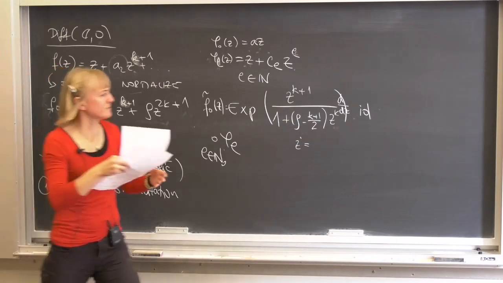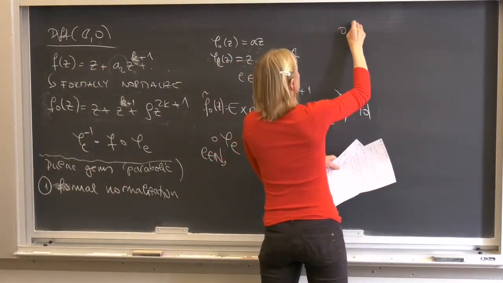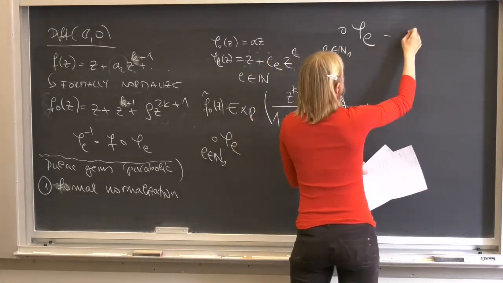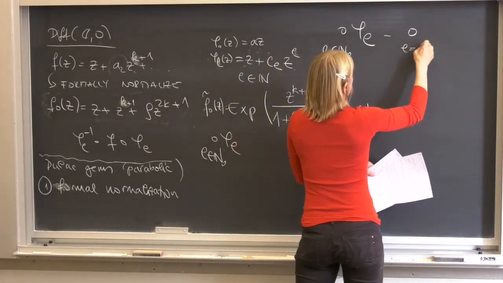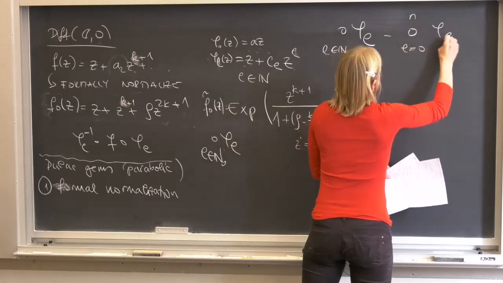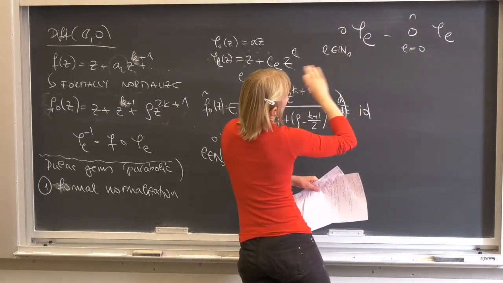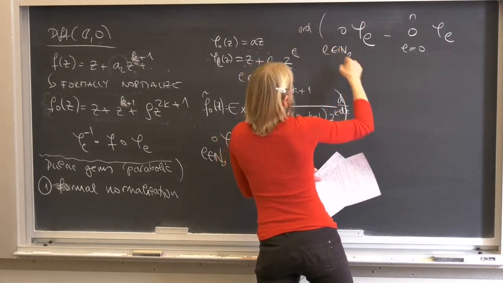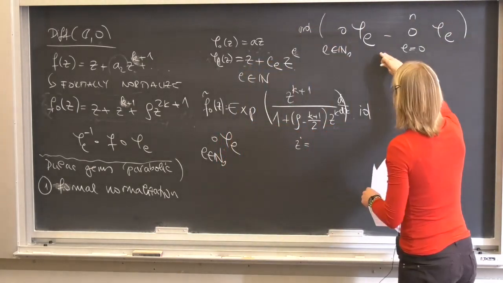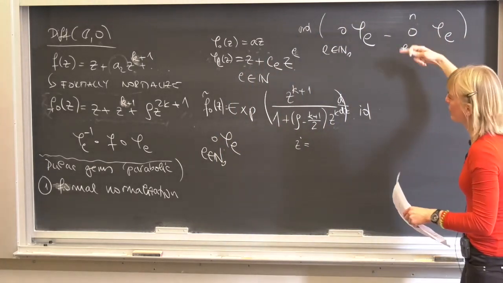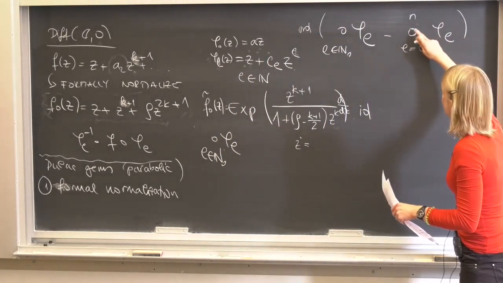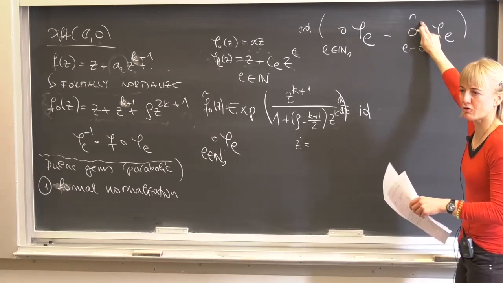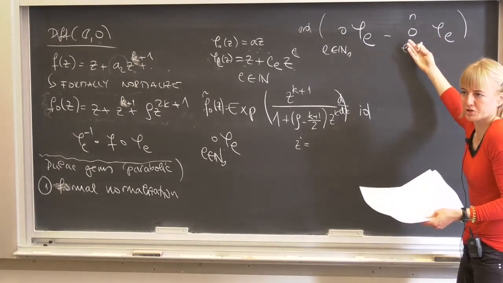The order of this becomes a bigger and bigger integer as m goes to infinity. So we have a sort of strong formal convergence.